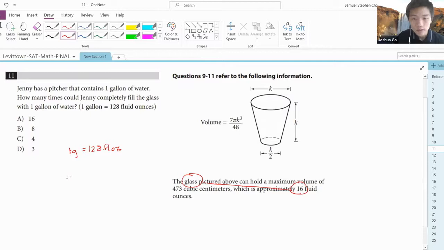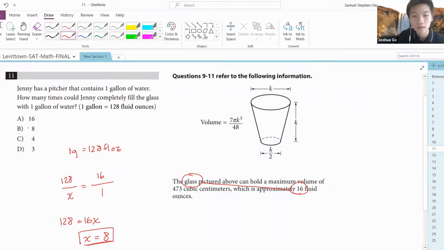So in this case, we can write another proportion. 128 fluid ounces over X glasses equals 16 fluid ounces for 1 glass. And here we can simply cross multiply and have 128 equals 16x. So then dividing 16 from both sides, we arrive at 8, which is answer choice E.